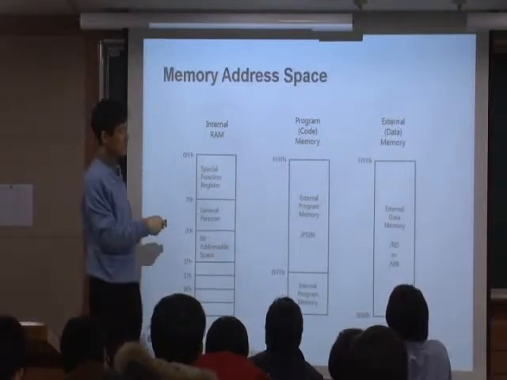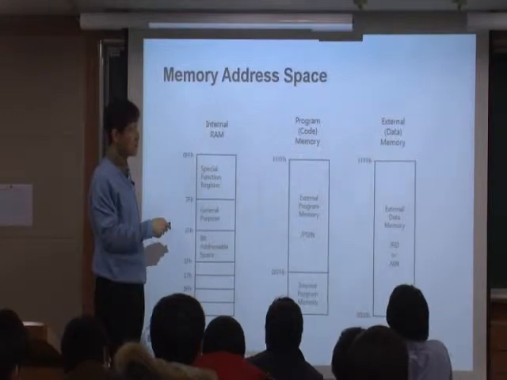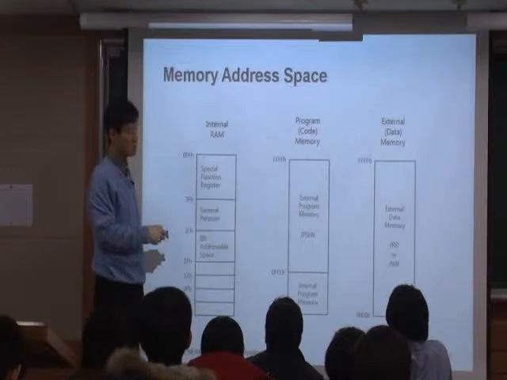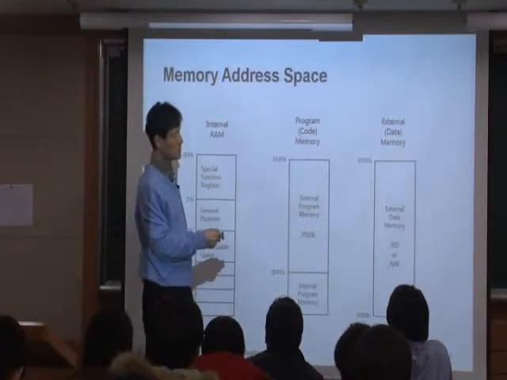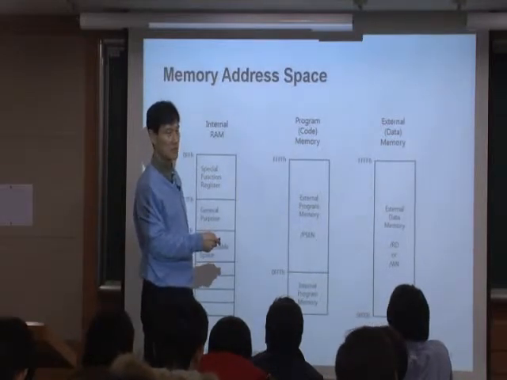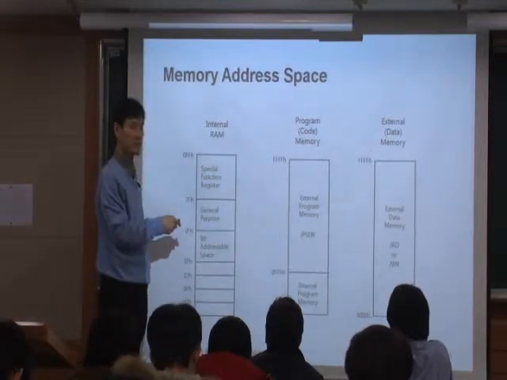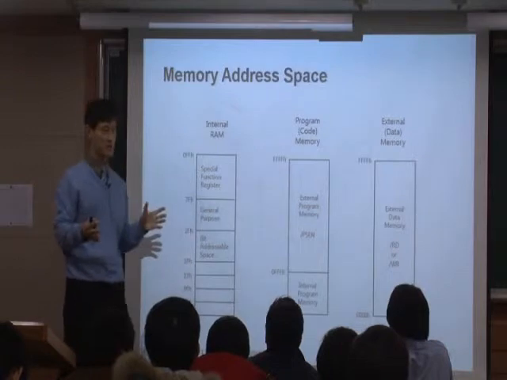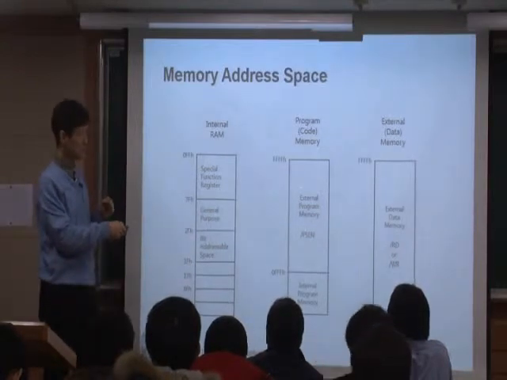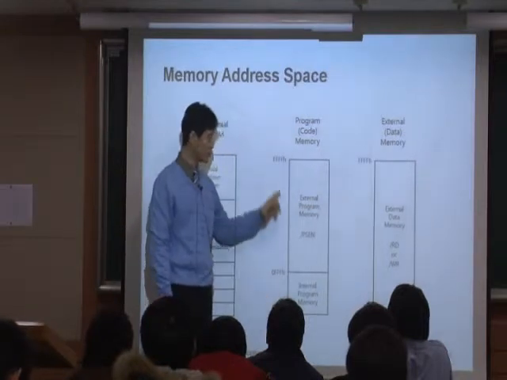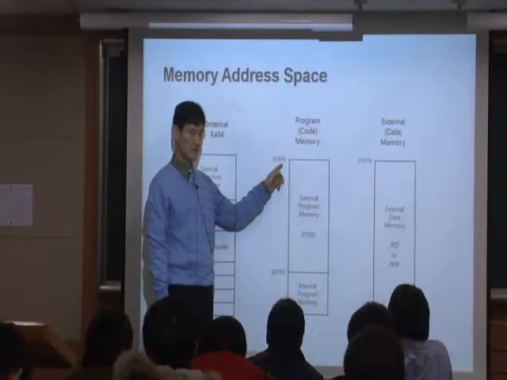Remember that there is a program memory, or code memory, or instruction memory, and there is another type of memory called the data memory, right? We have two different types of memory, and each memory has a memory space. What is a memory space? Memory space means address. So this one has addresses from 0000H to FFFF.